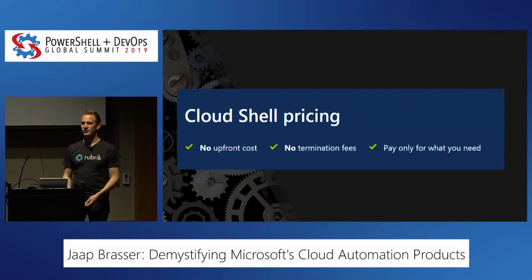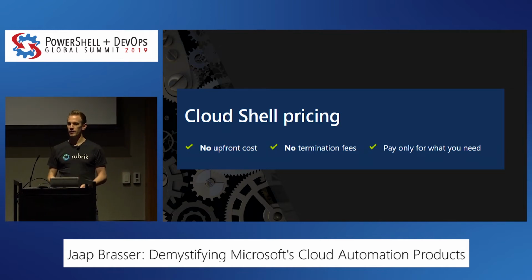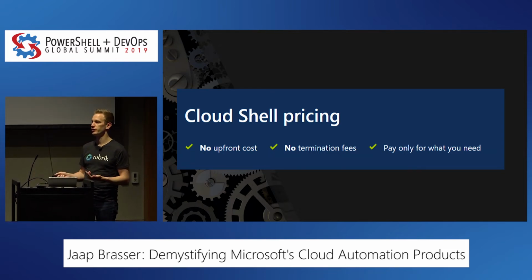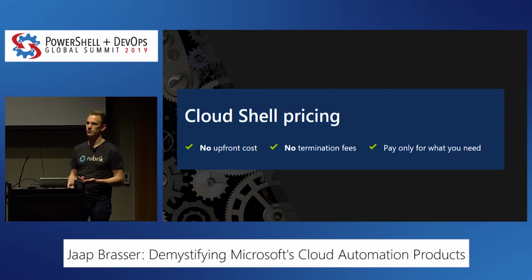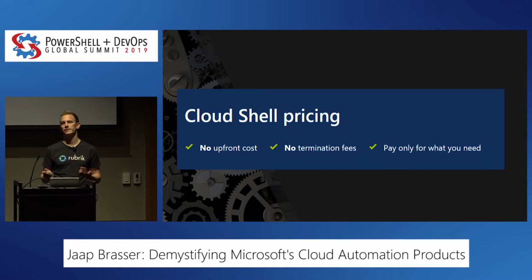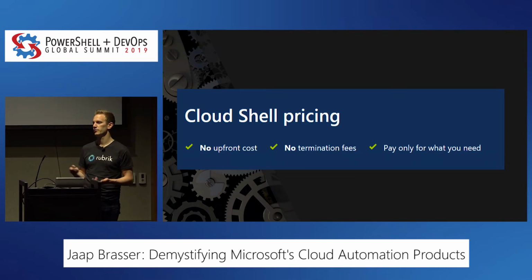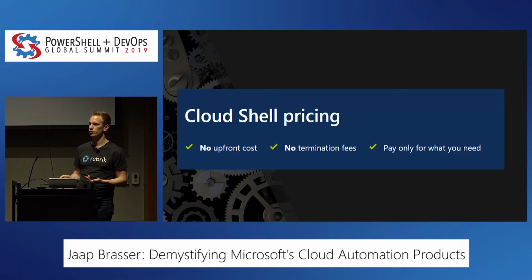So the good thing about Cloud Shell is it's free. It doesn't matter if you use it for 1 minute or for 24 hours a day. You only pay for what you need storage-wise. That's the only cost you have if you're using Cloud Shell. By default, it will create a storage account with 5 gigs of space, and this has your Linux image in there and whatever you store in there.